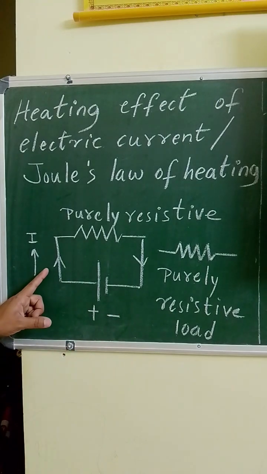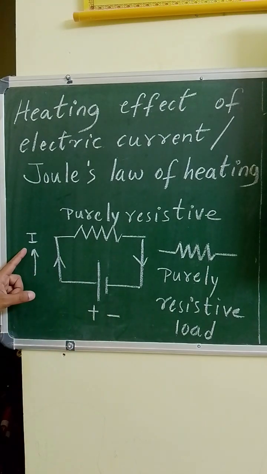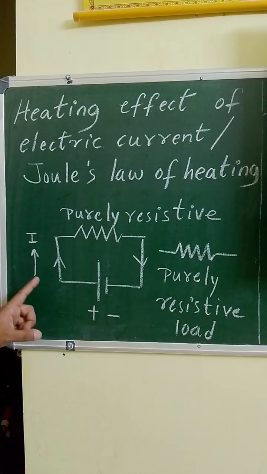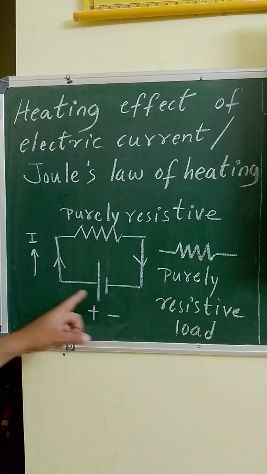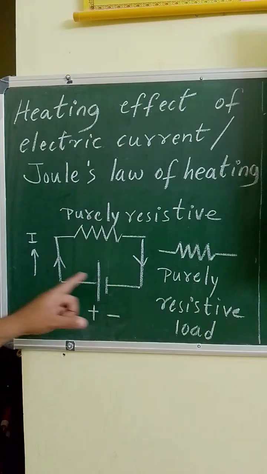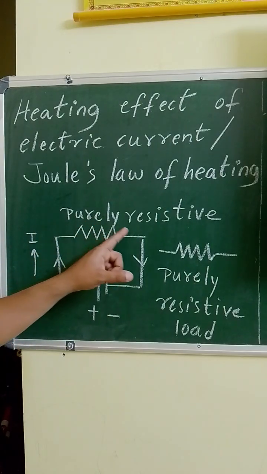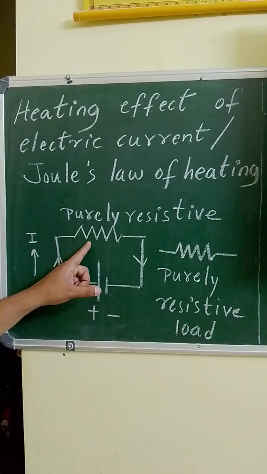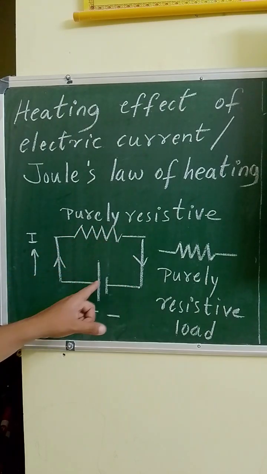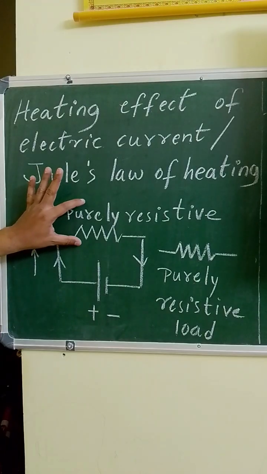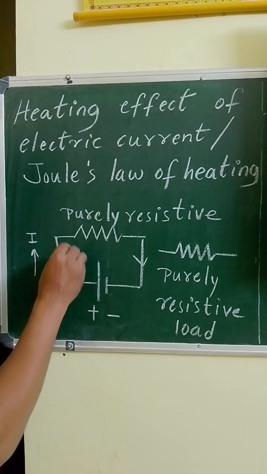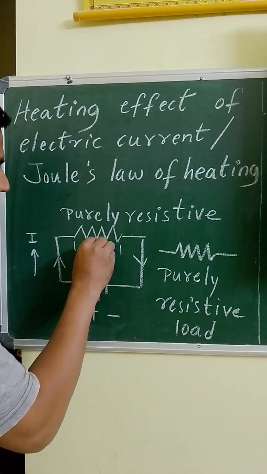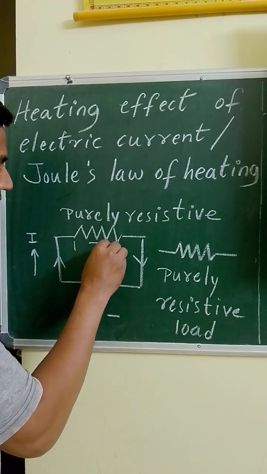So here, the direction of the electric current flowing through the resistive load, purely resistive load in this circuit.